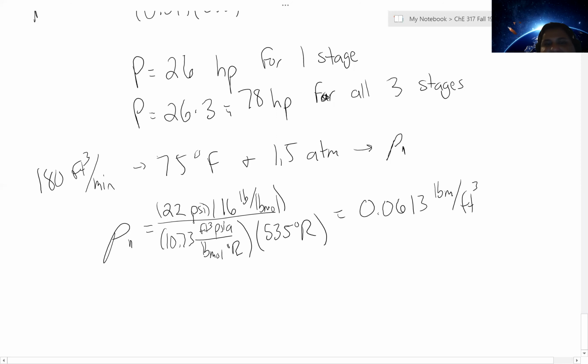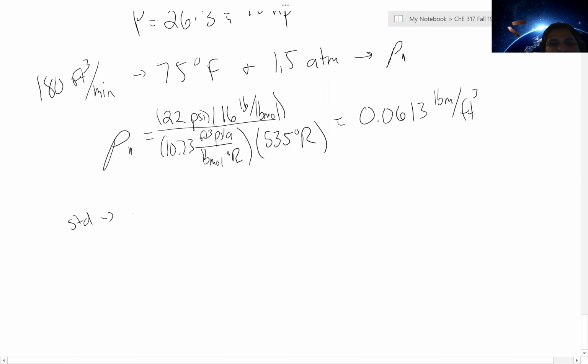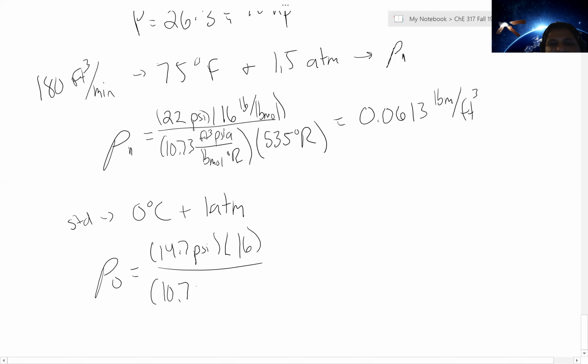I would have to compare that density to the standard of 0 degrees Celsius and 1 atmosphere. So 0 degrees Celsius is what in Rankine? About 492. So I would basically compare this to a rho naught: 14.7 psi times 16 divided by 10.73 over 492. I'm cutting off units just to make this a little faster.